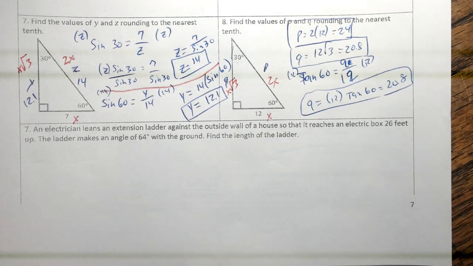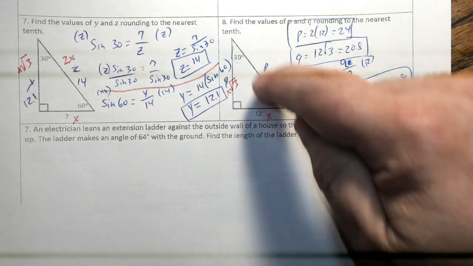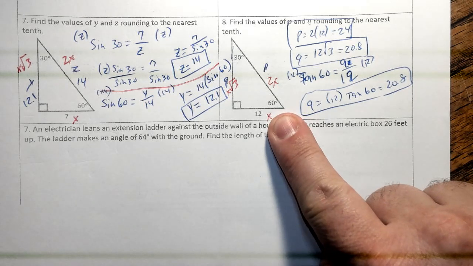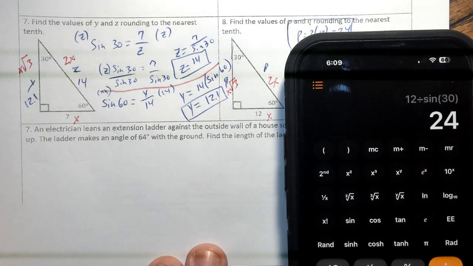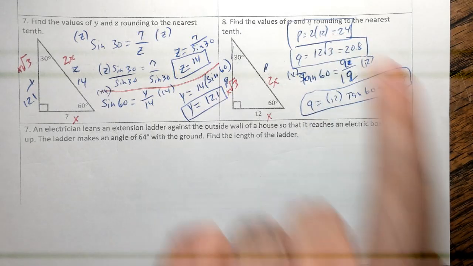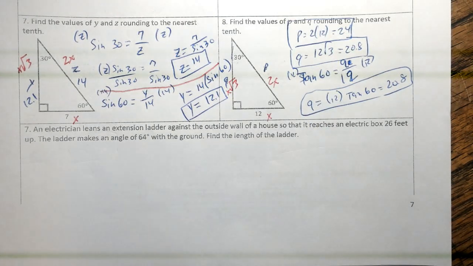Hold on. That was sine. Okay. Yeah, it'd be 12 divided by sine 30. Yeah, 12 divided by sine 30 equals 24, which is what we got. Sorry again for the dead air.